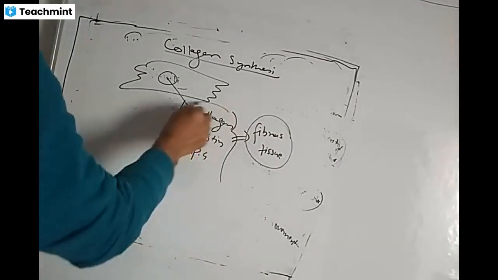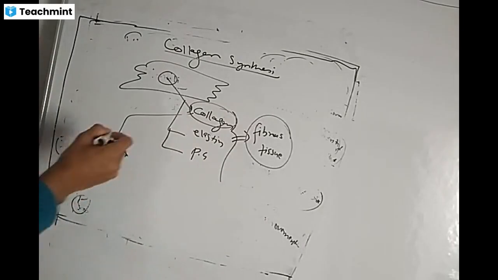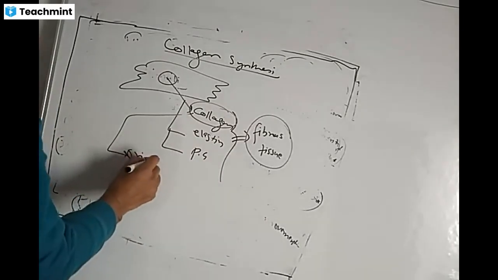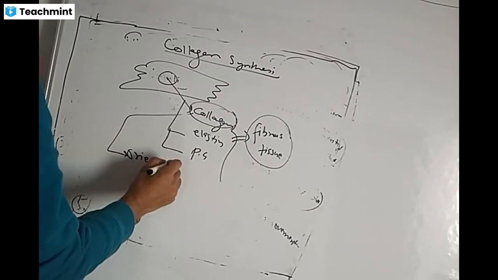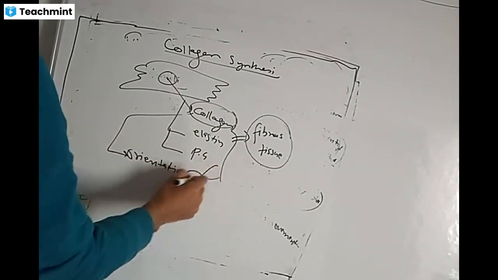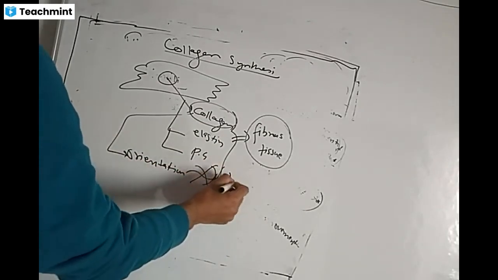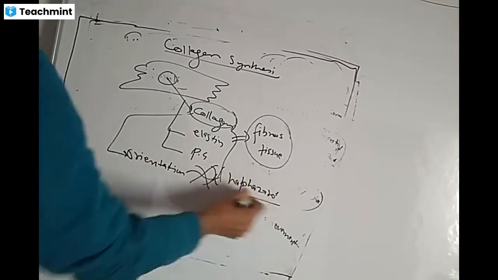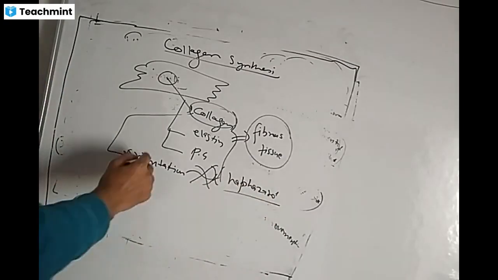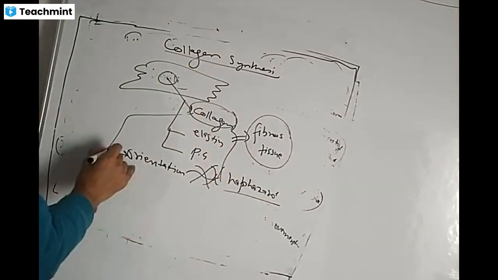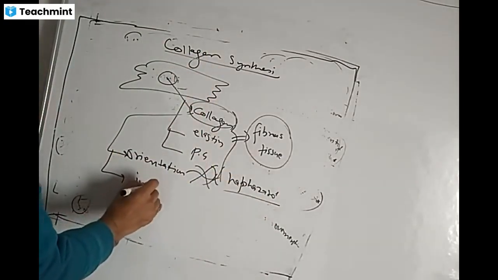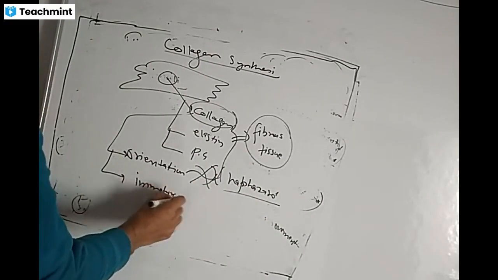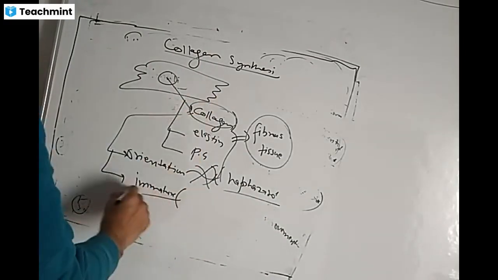These collagens initially, their orientation is not regular. They are arranged like this, means they are arranged haphazard. So their orientation is not regular, and more important, the collagen which is deposited is of immature type.